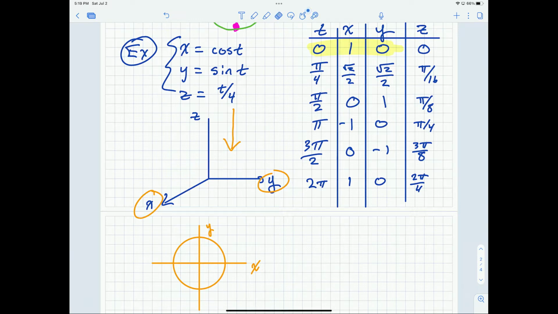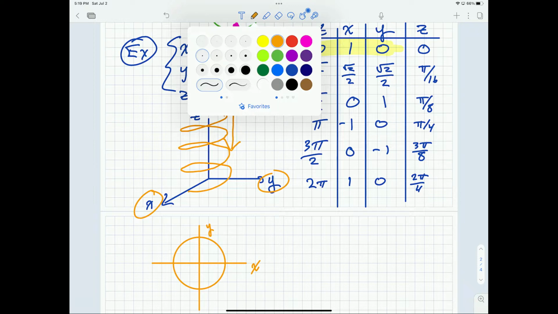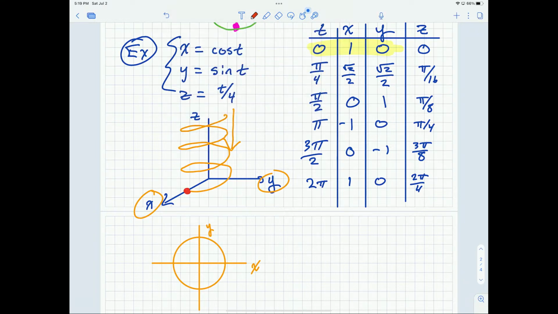So what's happening is you're getting this. As it's making circles, it's also moving vertically, right? And we've only plotted one full revolution. So this would be from this point right here to this point right here.